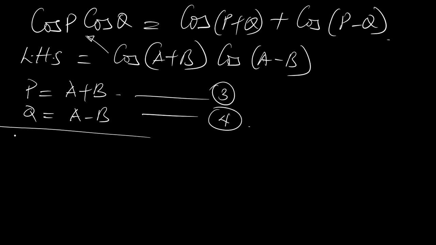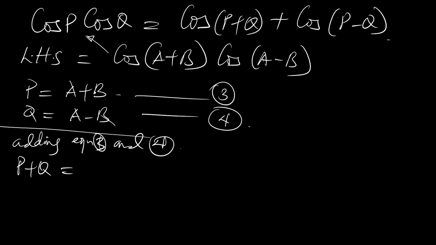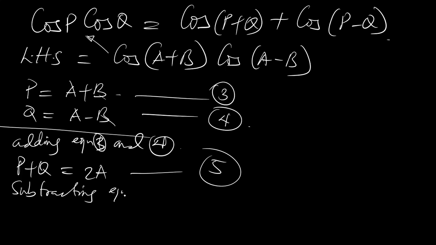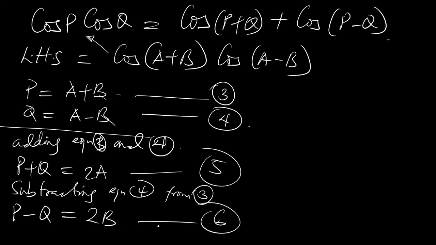Adding equations 3 and 4, p plus q equals, the b terms cancel, 2a. This is equation 5. Now subtracting equation 4 from 3, you have p minus q is equal to 2b, equation 6.